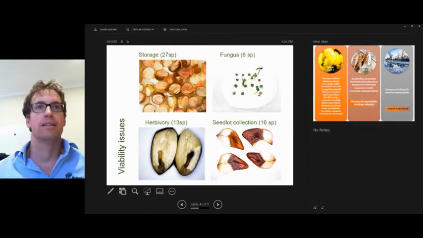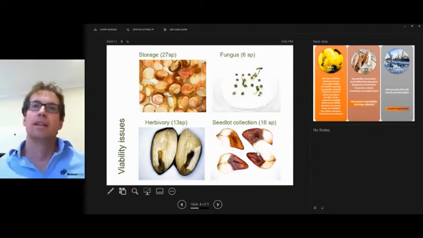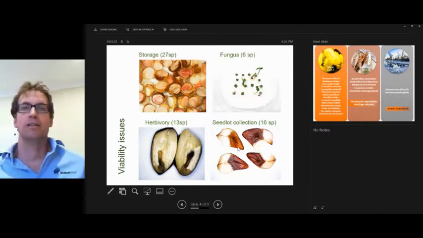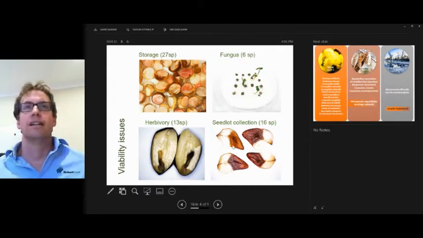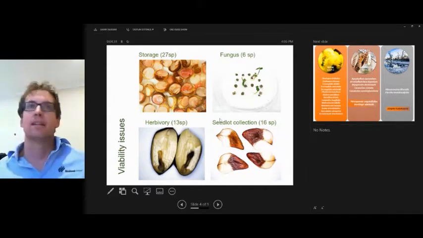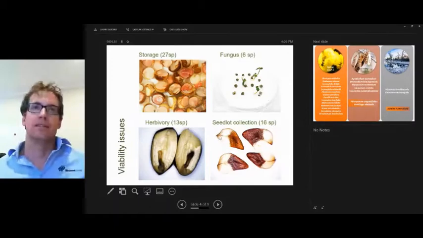There's 13 species that contain seeds that were damaged through insect predation, and then 16 species with other issues, and they could include a collection at the wrong time, so that the seed might have been collected too early or too late, or it might have dried out.